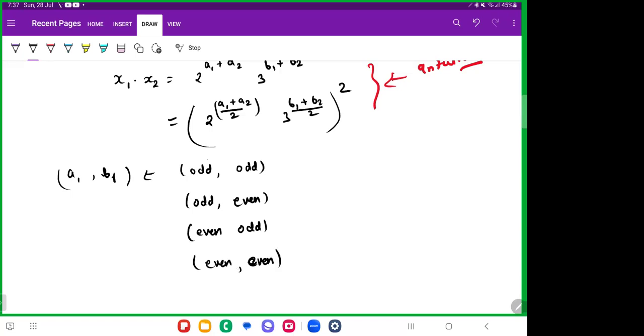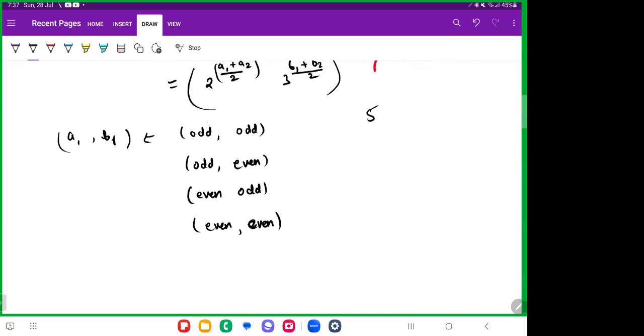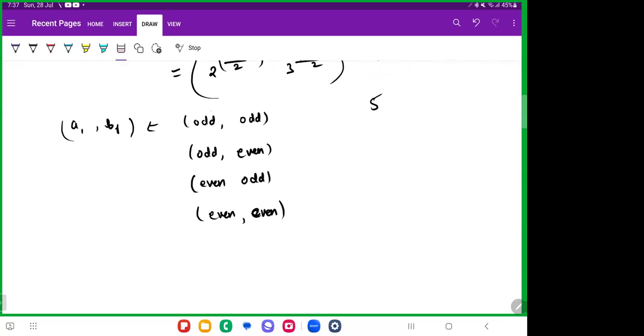But once I pick 5 elements, then the fifth element will be one of these. Once I multiply them, odd plus odd will be even. Suppose I am choosing 5 elements, then by pigeonhole principle, let me write.